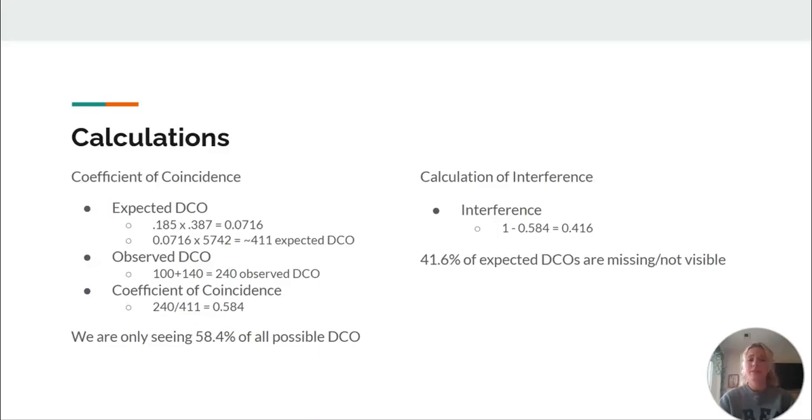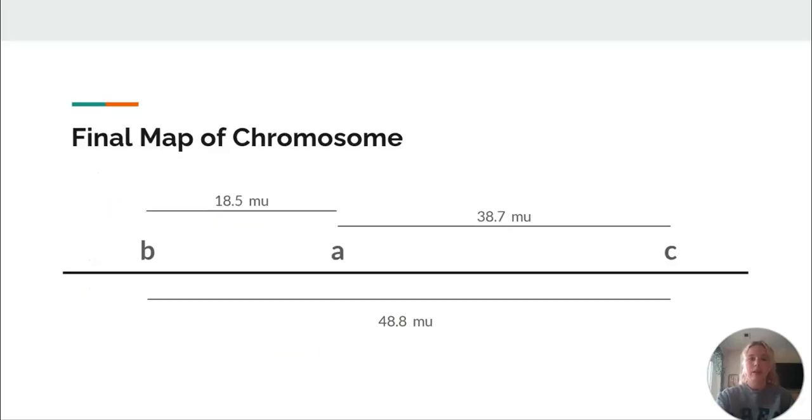That means we're only seeing 58.4% of all possible double crossovers. The calculation of interference is 1 minus 0.584 because of that percentage, and we get 0.416, which means that 41.6% of expected double crossovers are missing or not visible. That means that this large calculation of interference and this large coefficient of coincidence falls in line with that big difference between expected and total.